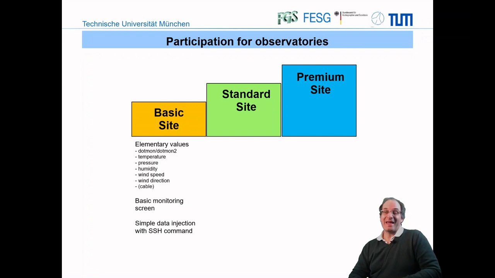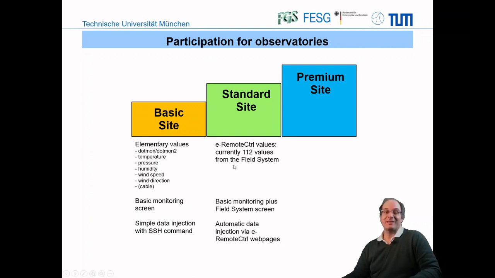You have a basic monitoring screen. This monitoring screen was seen before, where you see the different plots available, and you have this simple data injection method where you have no additional installations. You don't have to do anything. You just add additional things to your programming. I will show later how it works.